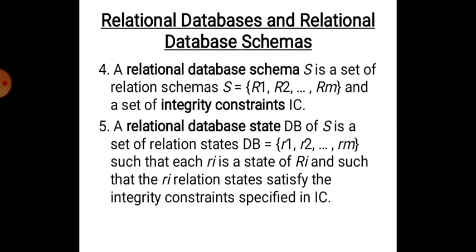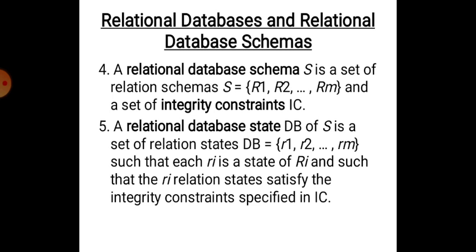Point number 4. A relational database schema is a set of relation schemas, where S is equal to the set of R1, R2 up to Rm, and a set of integrity constraints, which is called IC. So students, a relational database schema consists of a number of relations and it will follow integrity constraints. Point number 5.